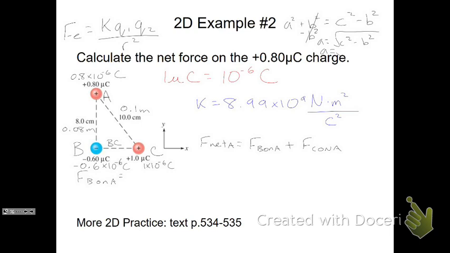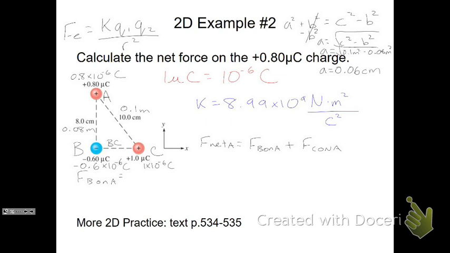A is equal to the square root of 0.1 meter squared minus 0.08 squared. I gotta do the hypotenuse. Yeah, there we go. It ain't hard. And then yeah, you did it in centimeters, but it'd be 0.06 meters. Why are we in kilometers?